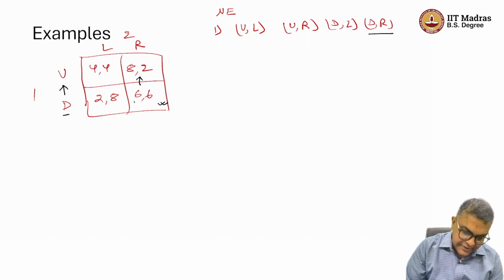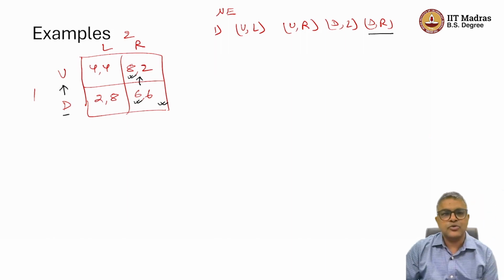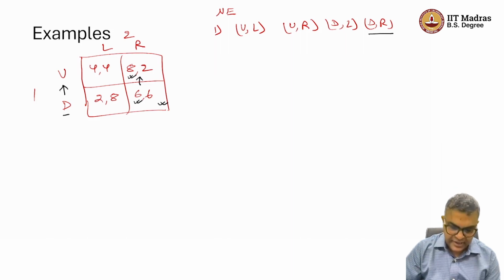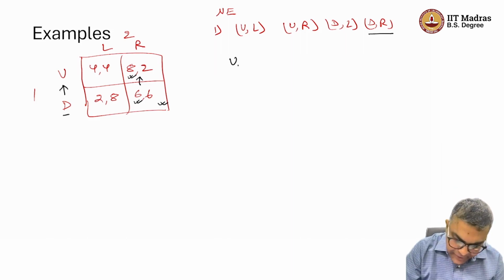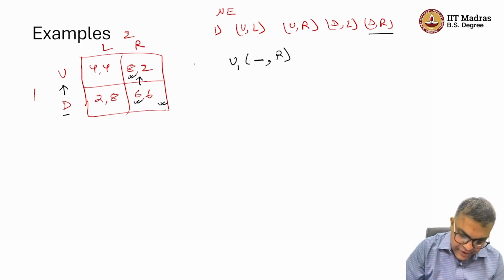What's happening? The payoff is going from 6 to 8. So of course player 1 has incentive to change the behavior. In other words, when player 1 is maximizing, what should he pick here? If player 2 is playing R, that's what we are trying to do, isn't it? Maximize with respect to player 1's action.